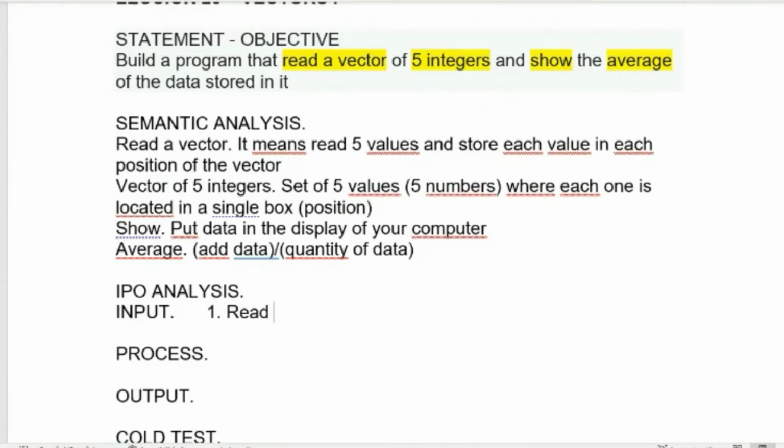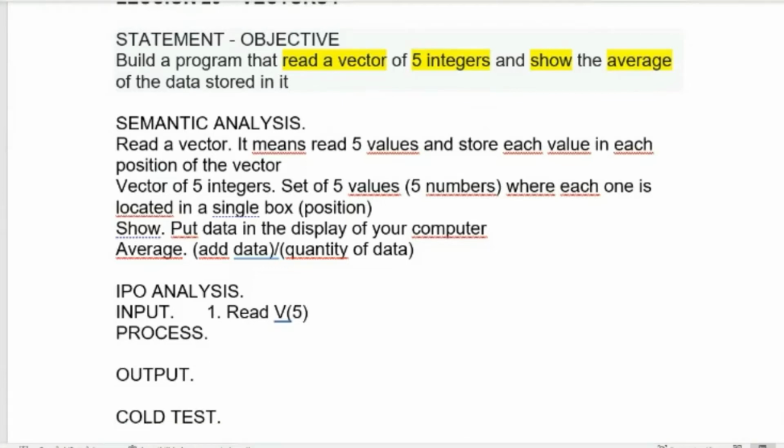But it's enough if you write read vector, the name of the vector is v of 5 positions. That means the same. Okay? We are going to write the general instructions and then we are going to specify each instruction. Okay? The process.